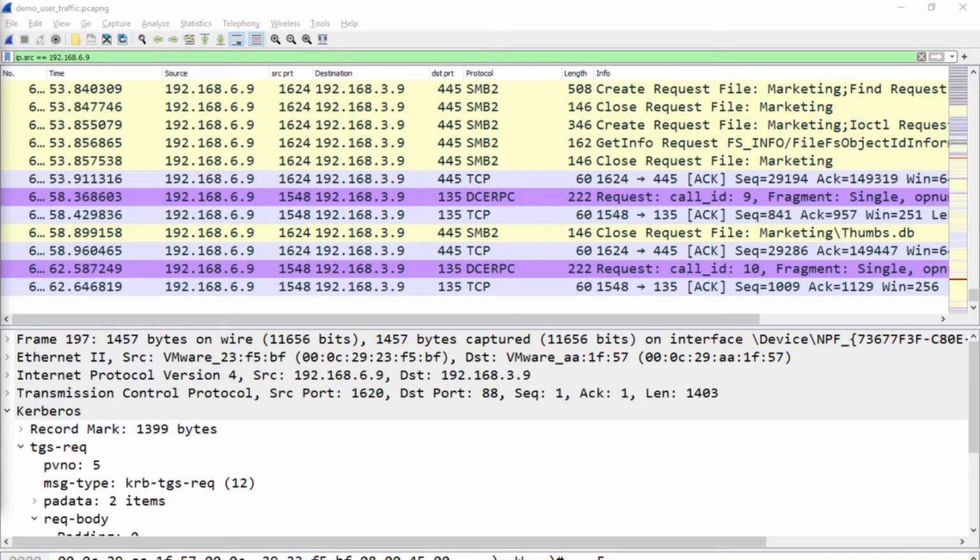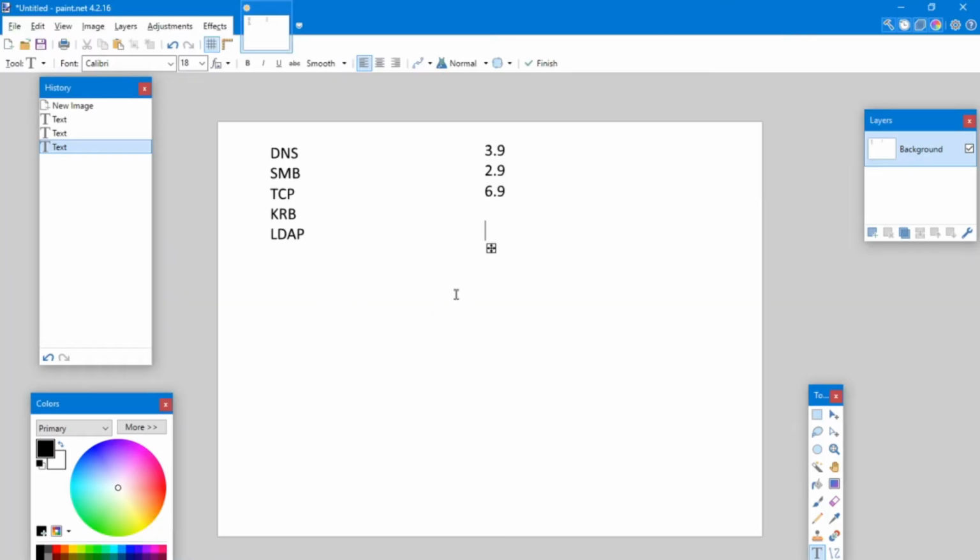Now let's look at the other machines here. We had 3.9. We just looked at 6.9 as a source. Now there's only 17 packets, remember, that involved 2.9. Let's modify our filter so that we can see 2.9.